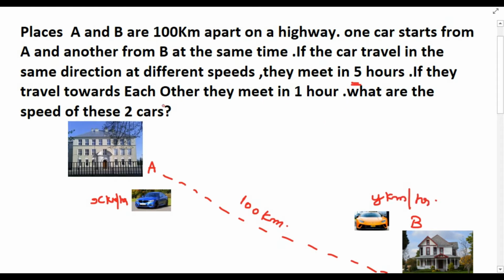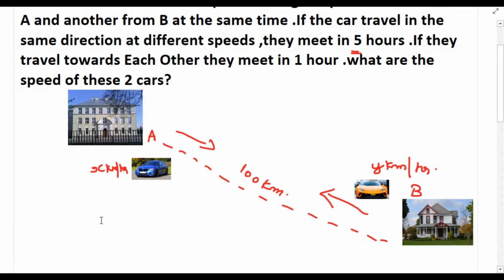If the cars travel in the same direction at different speeds, they meet in 5 hours, and if they travel towards each other, that means the blue car is traveling like this and the yellow car is traveling like this, they will be meeting in 1 hour. So we need to find the speed of these cars.